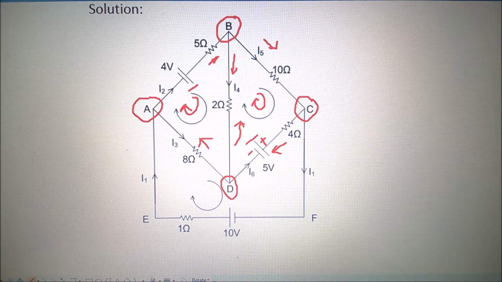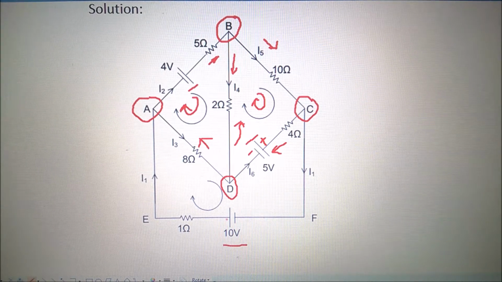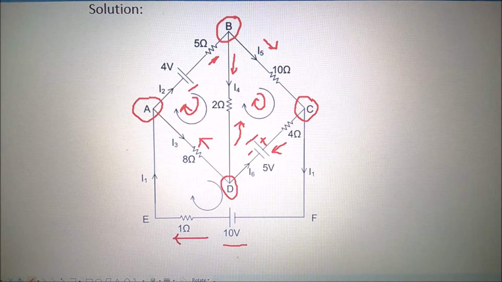And F to E, you can see there is a battery, and we are going from a lower potential to a higher potential. Therefore, it will be plus 10. And in the 1 ohm resistance, we are going along the direction of current. Therefore, it will be minus I1.